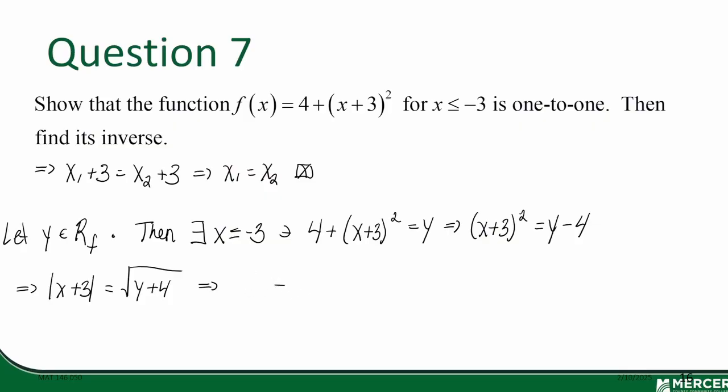I'm actually just gonna write it this way. Means x plus 3 has to be negative root y minus 4. Right? Again, because x being less than or equal to negative 3 implies that x plus 3 is less than or equal to 0.